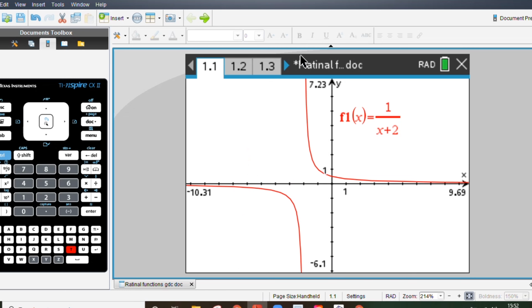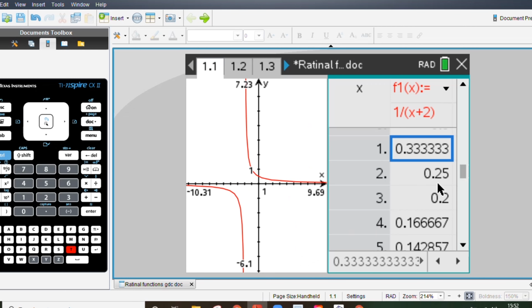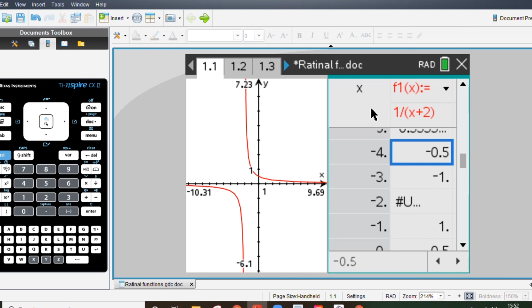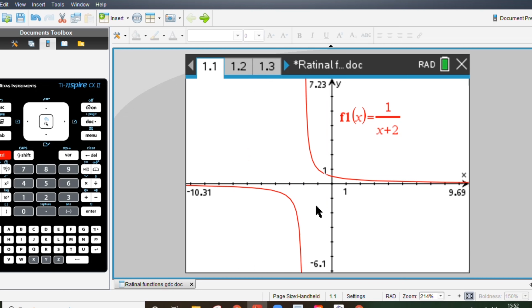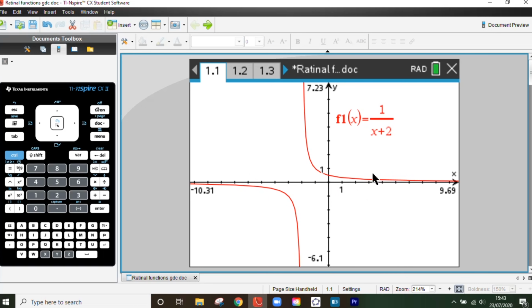Whenever there is a vertical asymptote in the table, the x value of that particular asymptote will give the y value for it as undefined, denoting that the vertical asymptote is present over there. There's also a horizontal asymptote here. In this portion of the graph, it is visible how the curve approaches y equals 0.